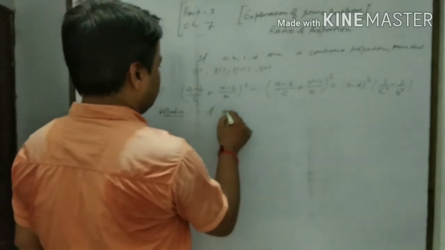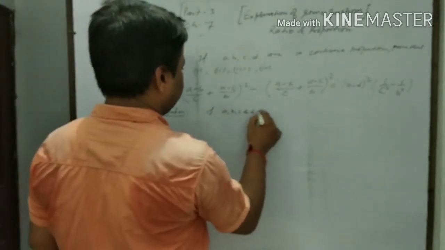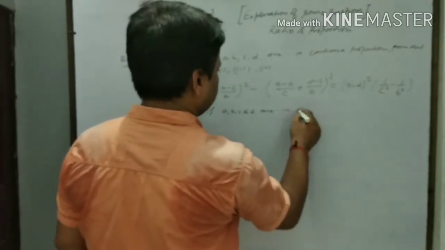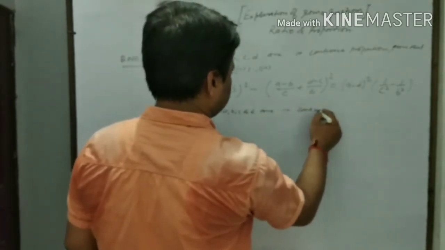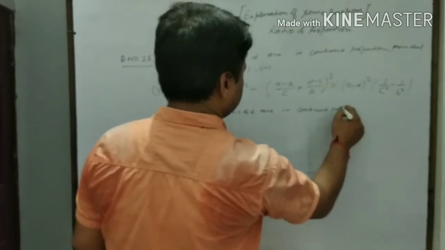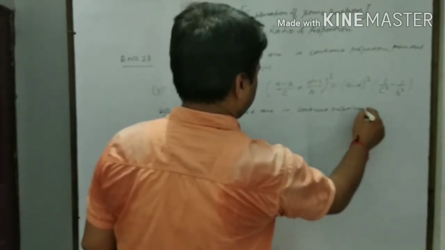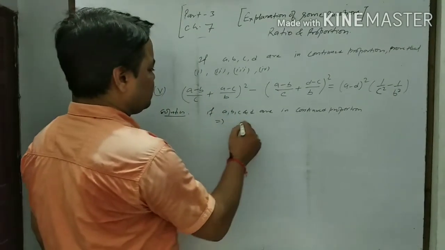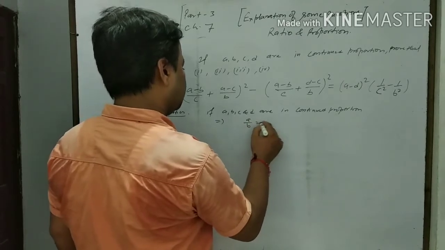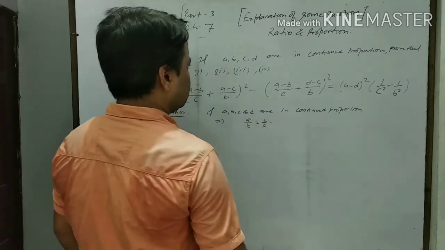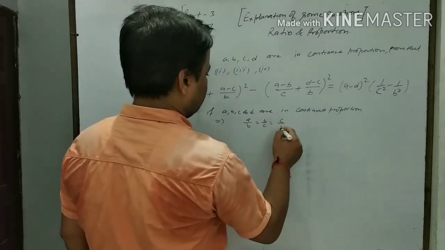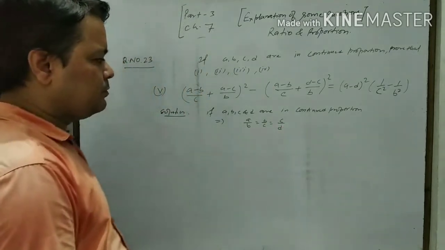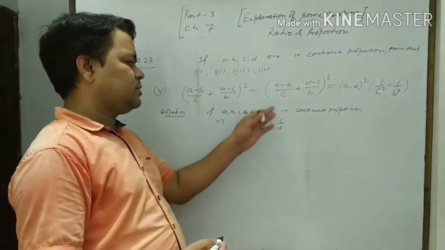If a, b, c and d are in continuous proportion, this implies that a by b is equal to b by c is equal to c by d.